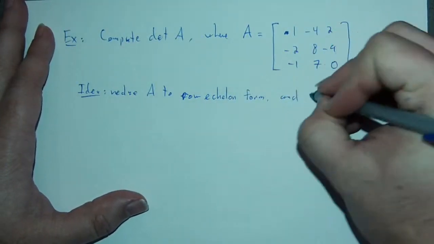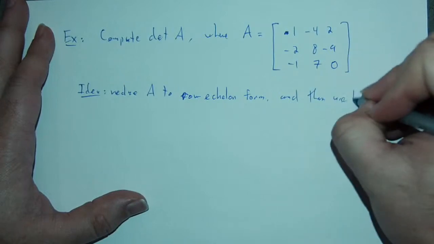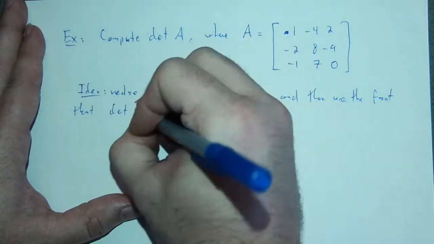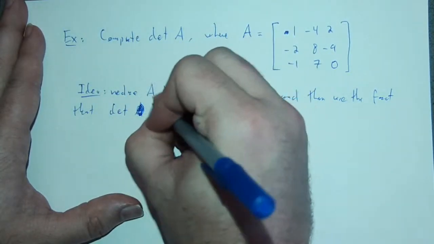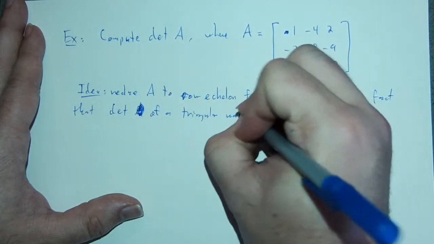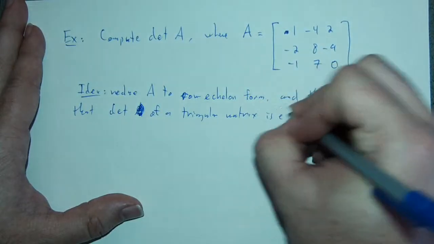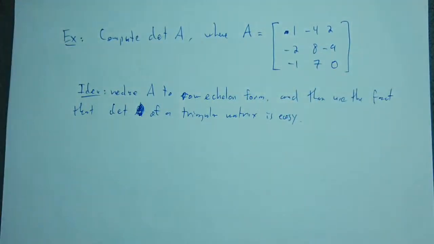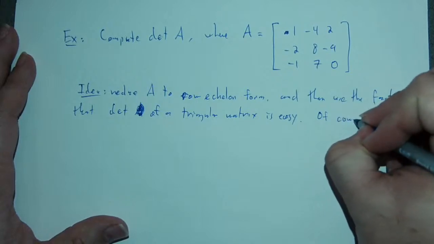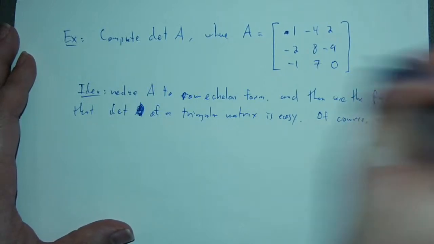And then use the fact that the determinant of a triangular matrix is easy. Right? It's just the product of the diagonal entries. Okay. Now, of course, we need to keep track of what row operations we use.